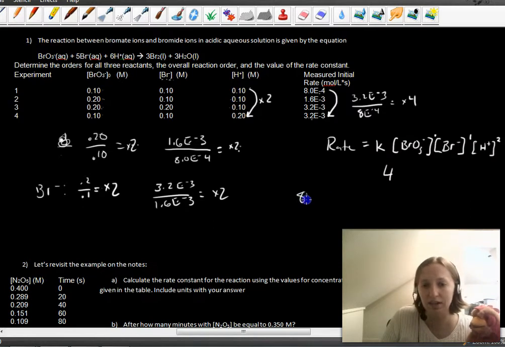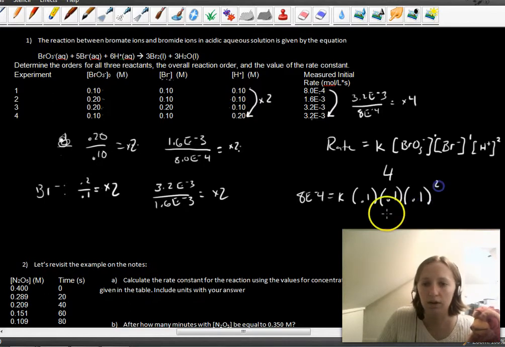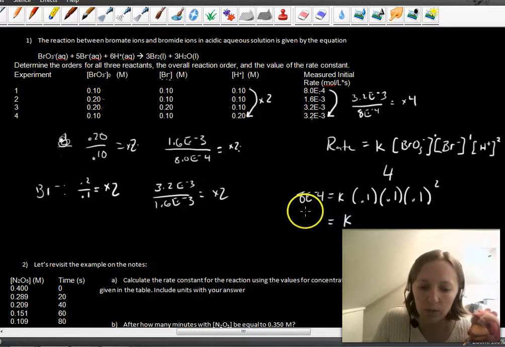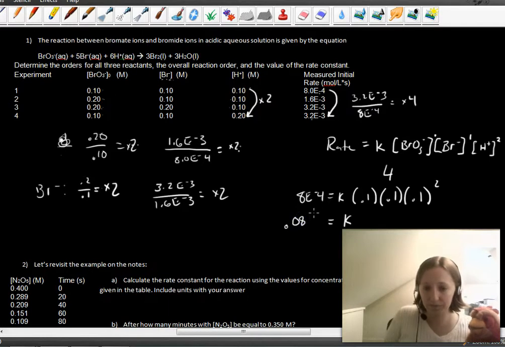The rate is 8e negative 4. K we're trying to solve for. Bromate is 0.1, bromide is 0.1, and hydrogen is 0.1 squared. And you solve for that, and you get k is equal to 0.08.